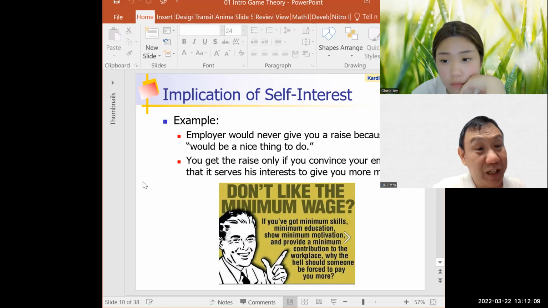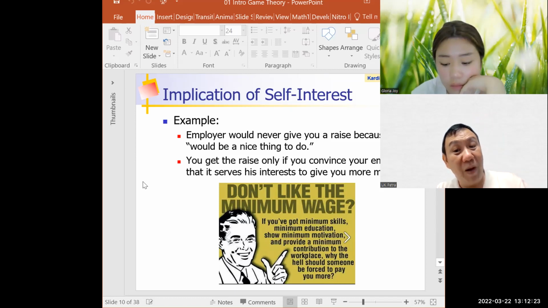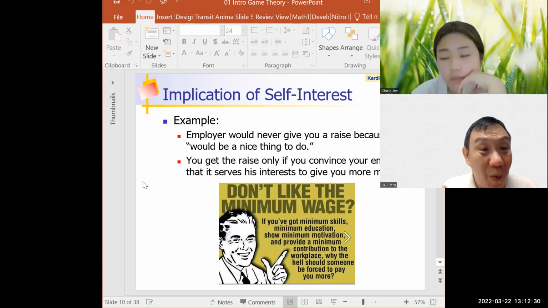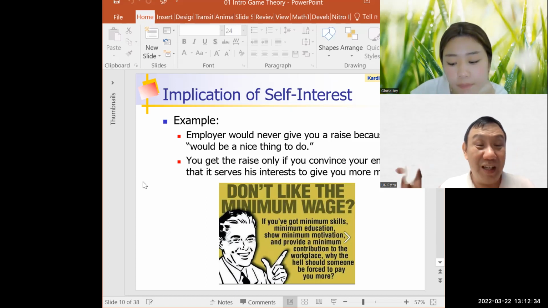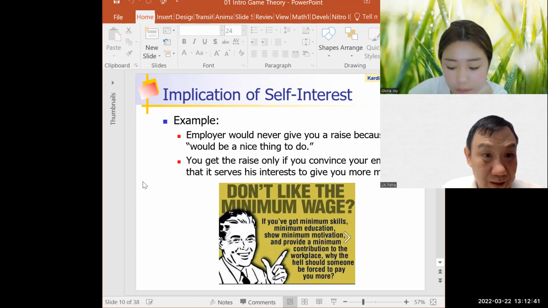So, you're talking about minimum wages, for example. Yeah? Oh, then the employer will say, if you got minimum skill, minimum education, and show minimum motivation, okay, and provide minimum contribution to the workplace, why should someone be forced to pay more to you? Right? So it's not in the self-interest of the employer to give you the raise.